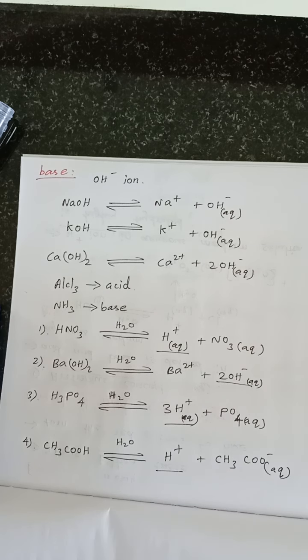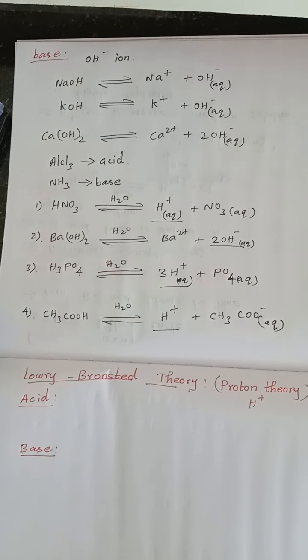Then the next topic is the Lowry-Bronsted theory. It is a proton theory, otherwise known as proton theory. In this theory, the concept of acid and base is proton donor and proton acceptor. The proton is simply H plus.